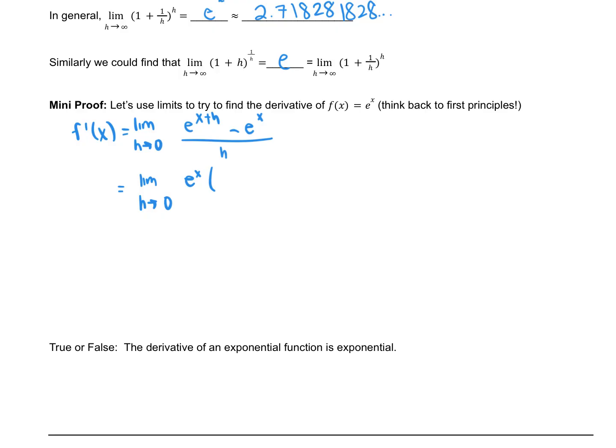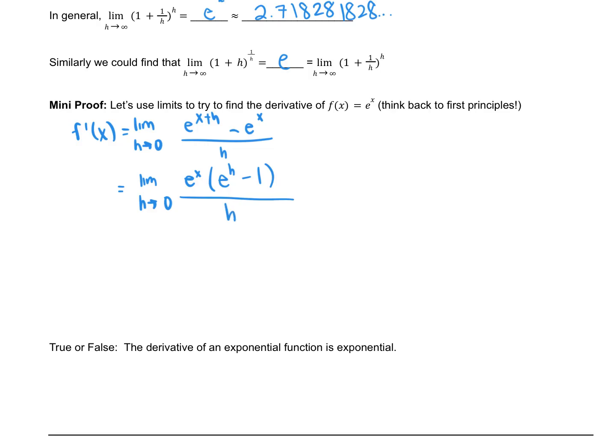And when we divide terms with variables up in the exponents and their bases are the same, we can use that quotient rule where we subtract our exponents. So e to the x plus h divided by e to the x is e to the h. e to the x divided by itself is just 1, and that's all over h.